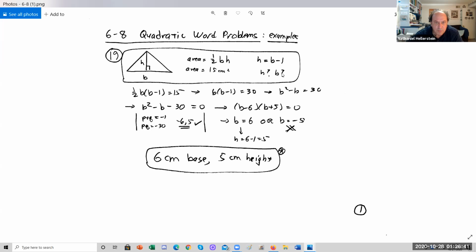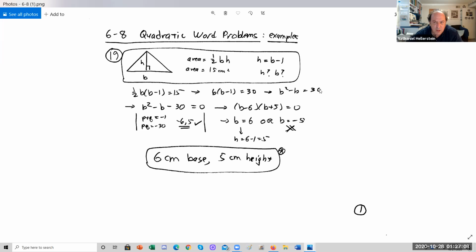So we start with this, put in 15 for area, b minus 1 for h, and get the equation 1/2 b times b minus 1 is 15. All right, that's the hard part, translating to math. Now, to solve this, first let's get rid of this 1/2 by multiplying both sides by 2. Get b times b minus 1 equals 30.